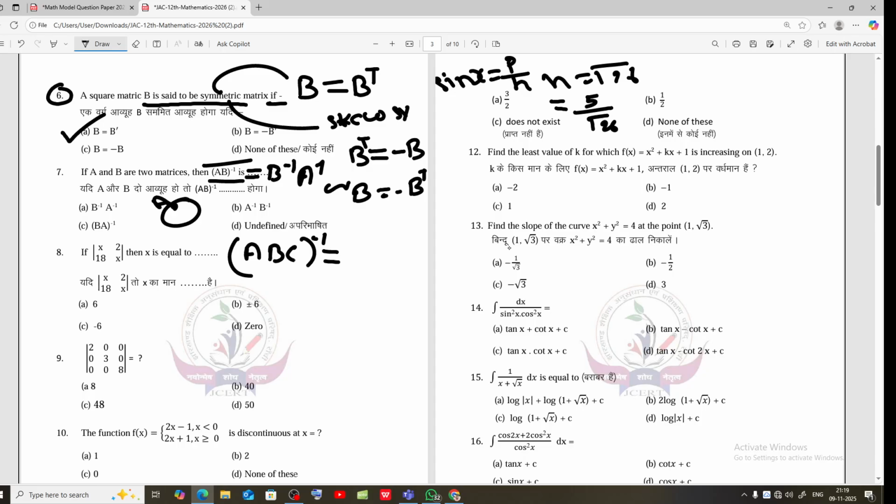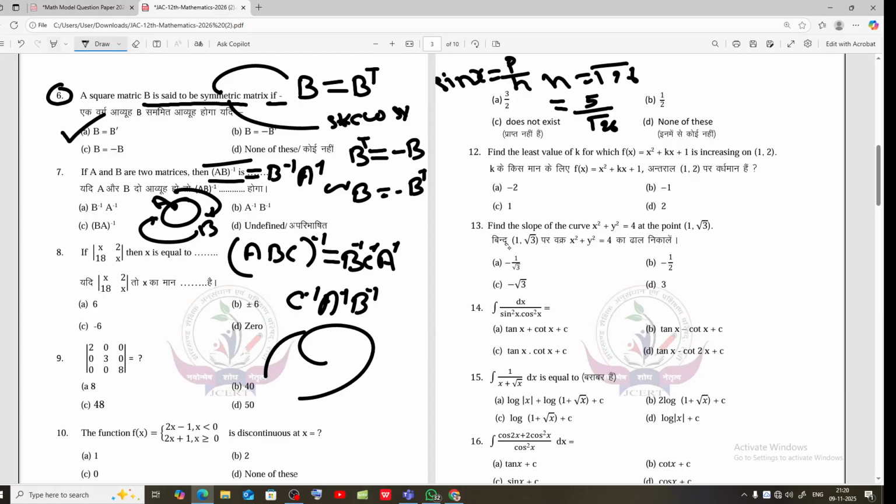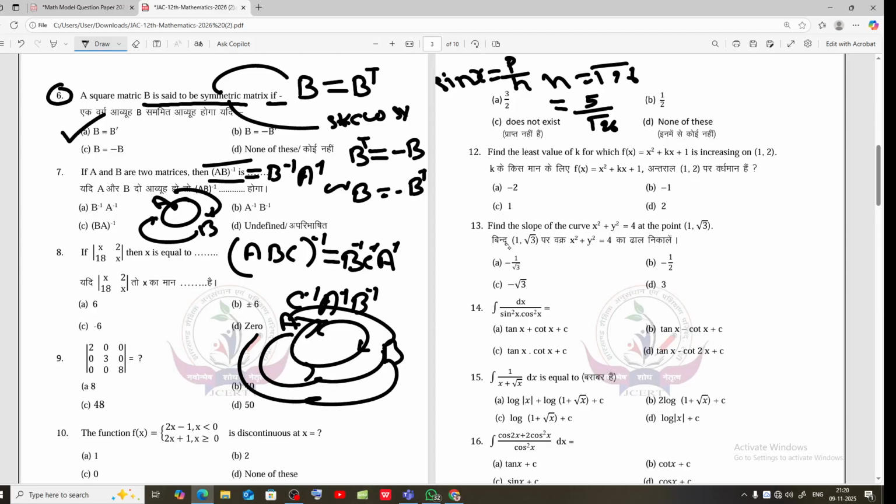Suppose this position has A, B, C, then A to B, B to C, C to A, just like cyclic order.